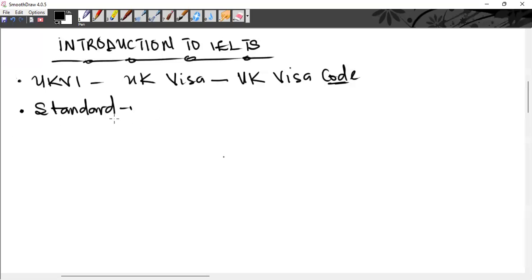Aside from this, the exam is subdivided into three. The first one, the flagship one, is called the academic test.